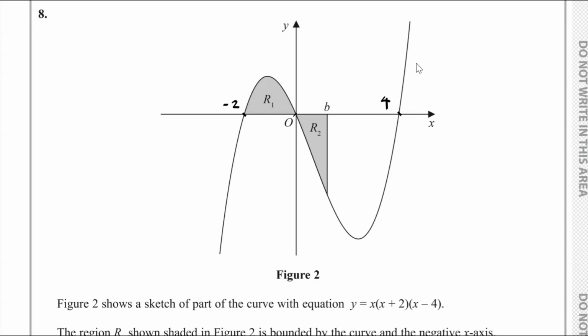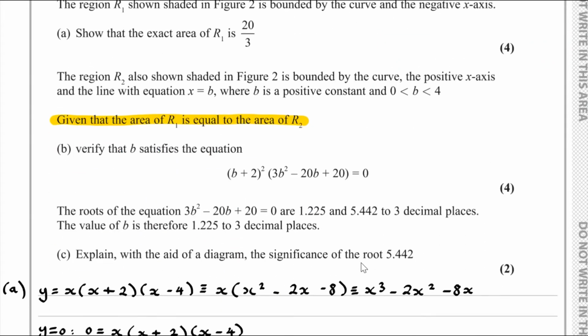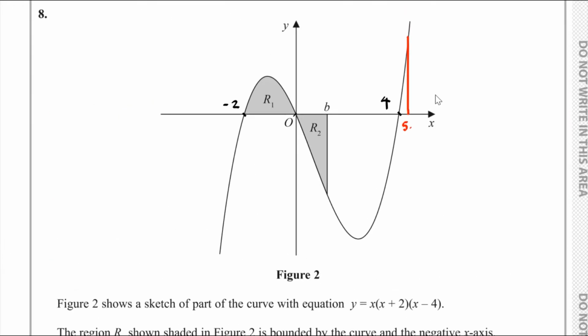If we have a different value of b, say over here, we have 5.442. What we're doing in this question is explaining the significance of this 5.442, and here of course is where we have the 1.225.